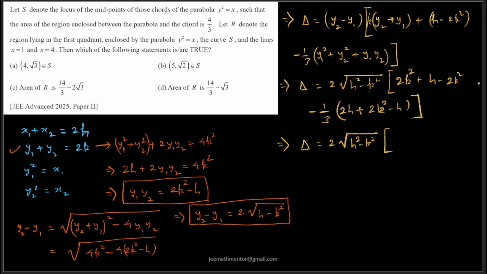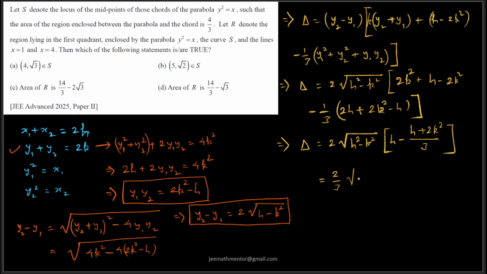And proceeding, the 2k squared, they will get cancelled. We'll be left behind with h minus, this is 2h minus h, which is h plus 2k squared by 3, which becomes 2 by 3 times, this is 3h minus h, so h minus 2k squared, h minus k squared.